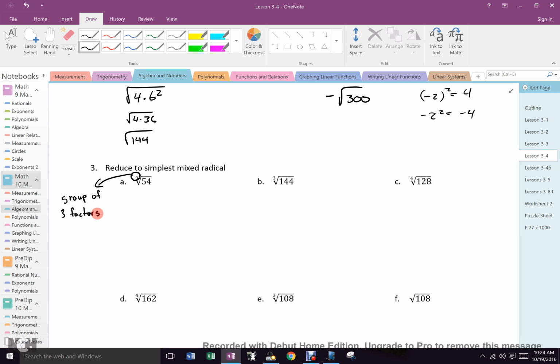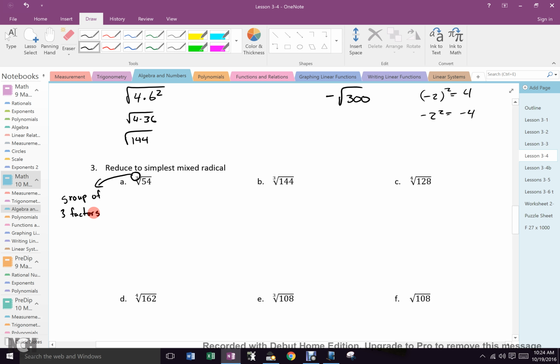Everyone's cool, right? So now we're looking for groups of 3, which means if I'm going to use that shortcut method, I'm not looking for perfect squares. What am I looking for? Perfect cubes.